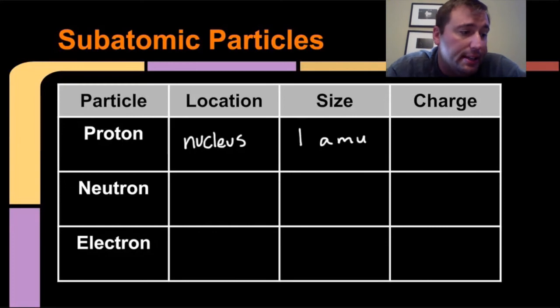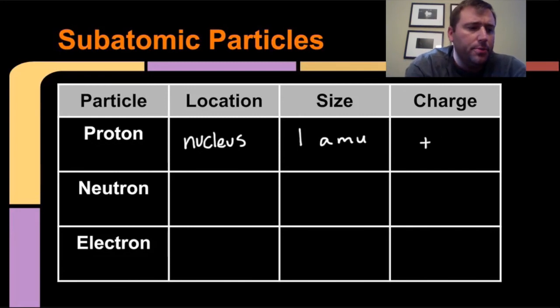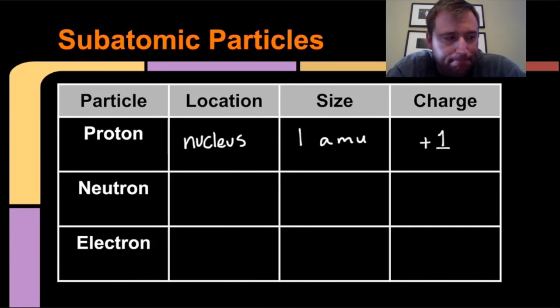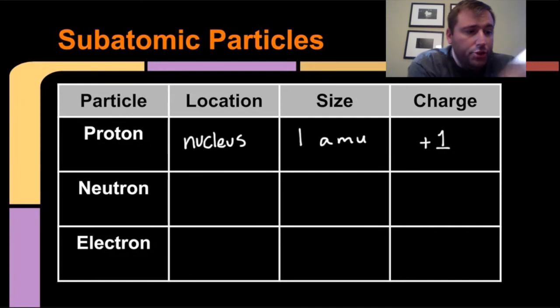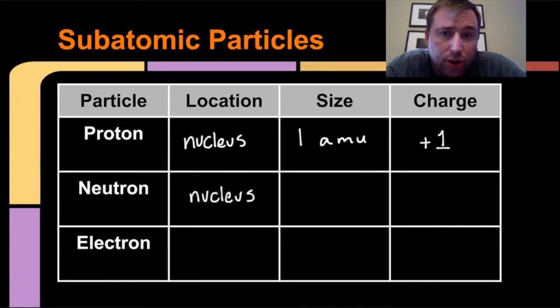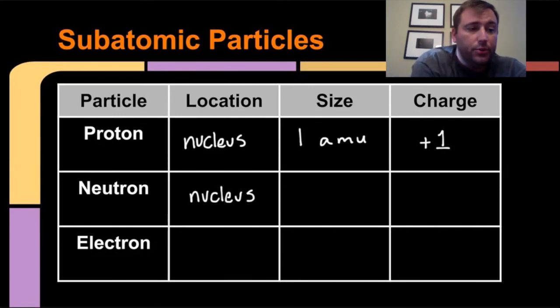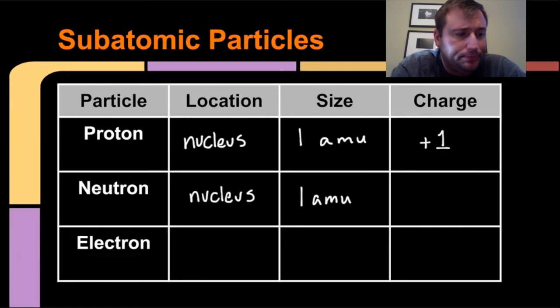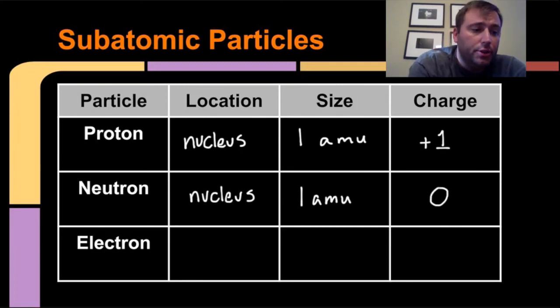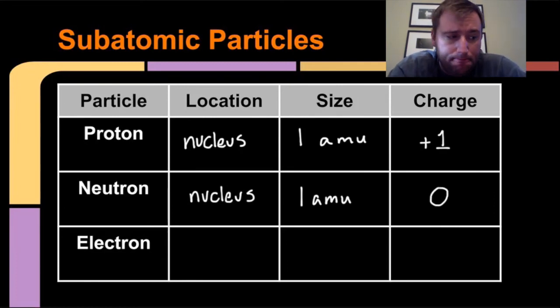The size is around 1 atomic mass unit, or AMU, and the charge of the proton is +1. The neutron, along with the proton, is found in the nucleus, and the neutron has about 1 atomic mass unit, or AMU, as its size. The neutron is neutral and has 0 charge.